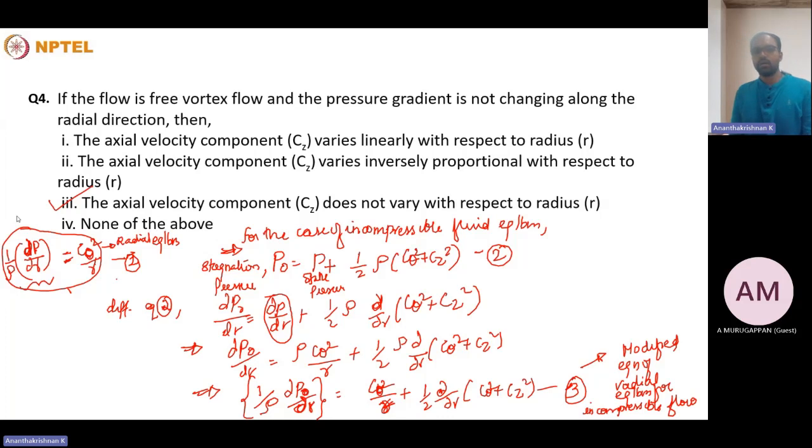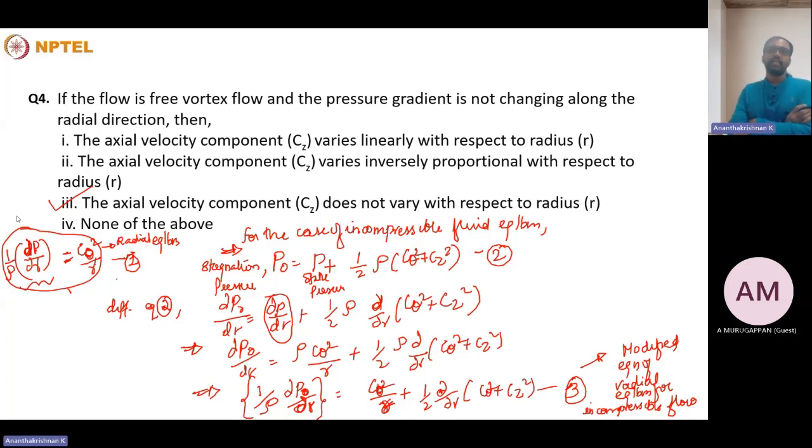And also the flow is free vortex flow. So in the case of free vortex flow, we can write that r c theta equal to a constant. That is the characteristic equation for a free vortex flow, taking into consideration the conservation of angular momentum.